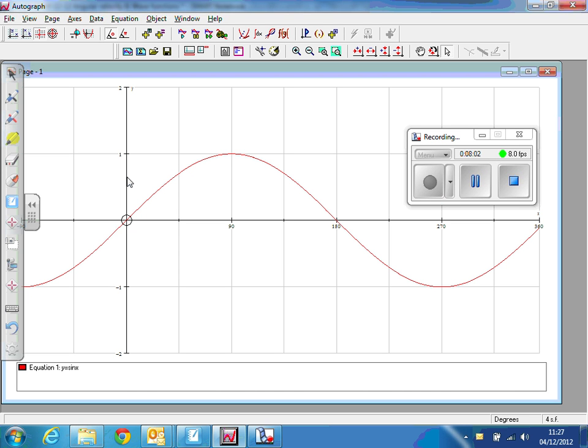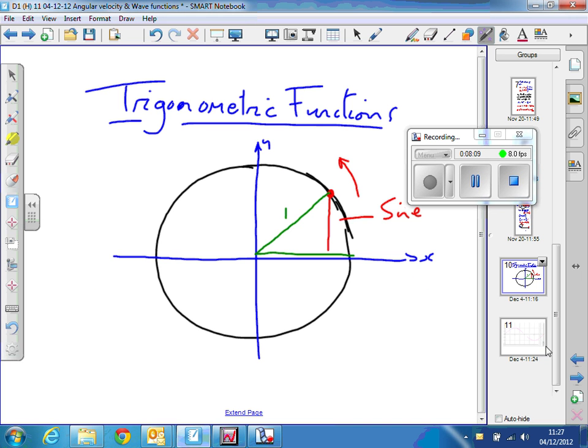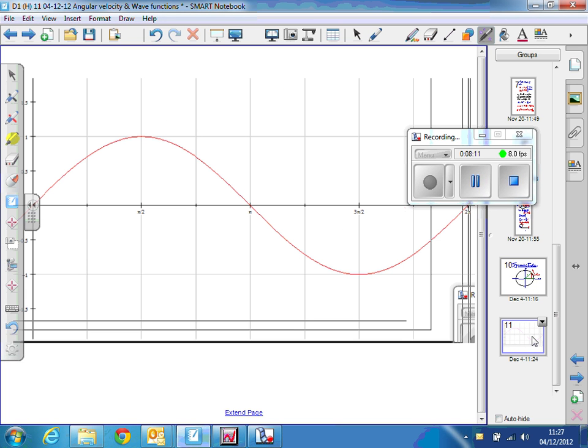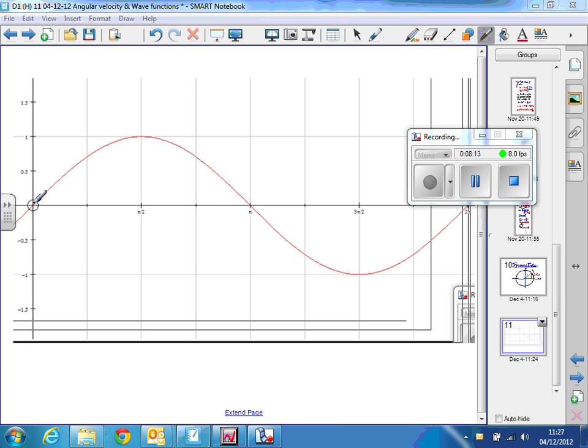So this distance here, and if we go back to our notes, that distance there, at 45 degrees, which is pi over 4, is 0.7071. That's how far up the y-axis we've gone, assuming that the maximum distance it goes up is 1, which is the sine. Okay?